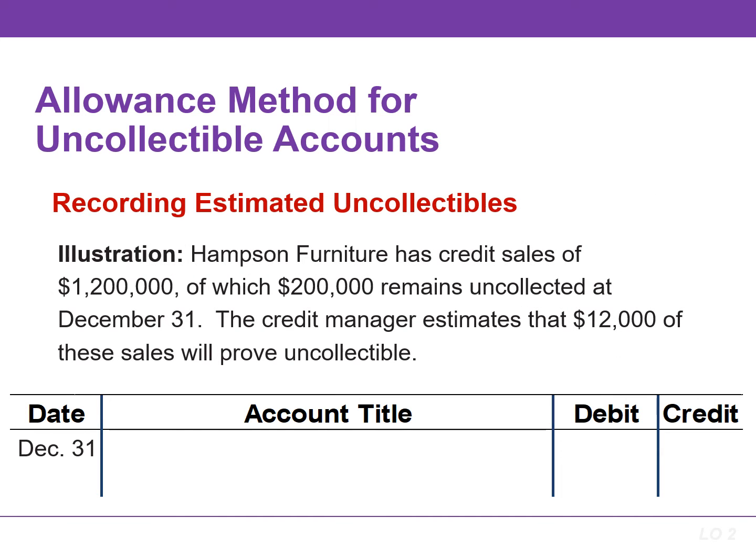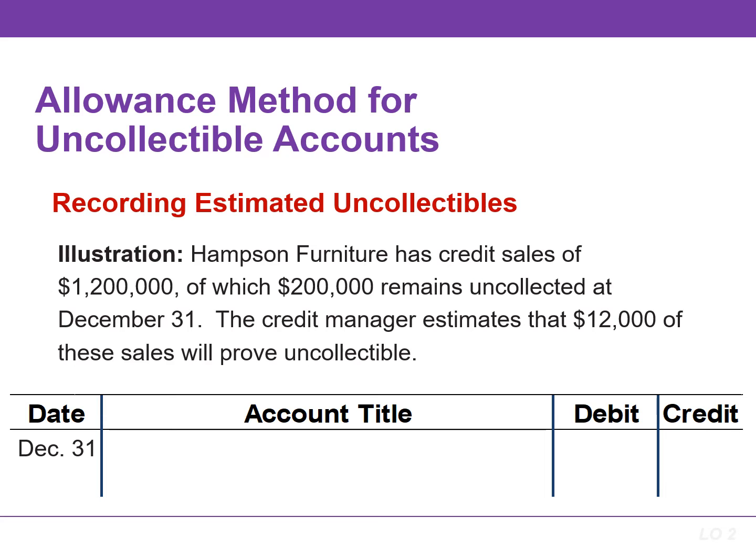To illustrate the allowance method, let's assume that this furniture company has credit sales of $1.2 million, of which $200,000 remain uncollected at the end of the year. The credit manager estimates that $12,000 of these sales will prove uncollectible.